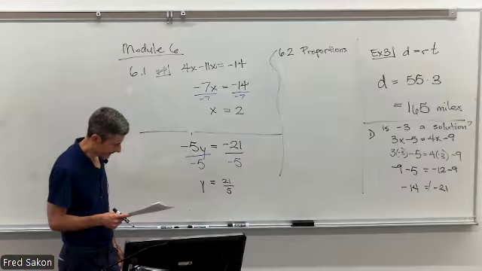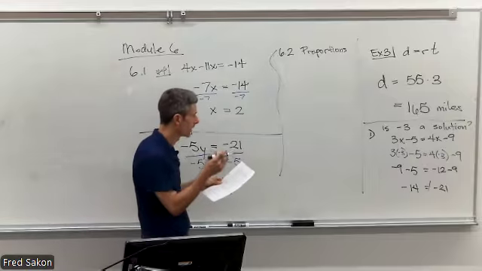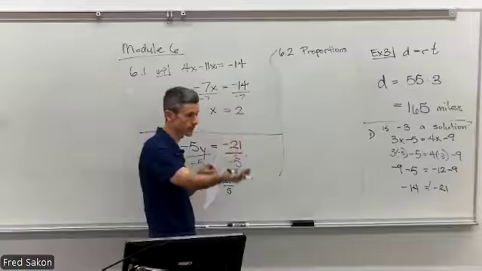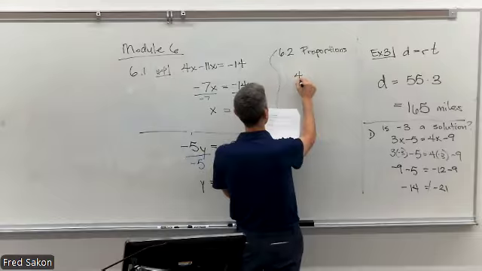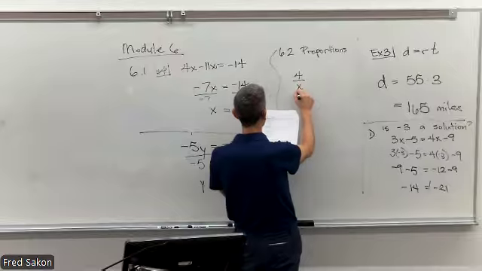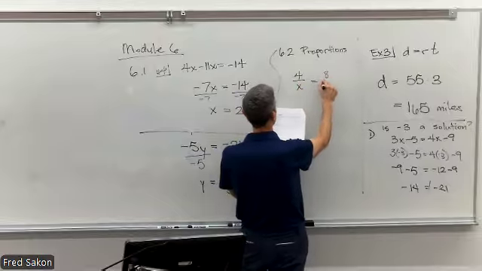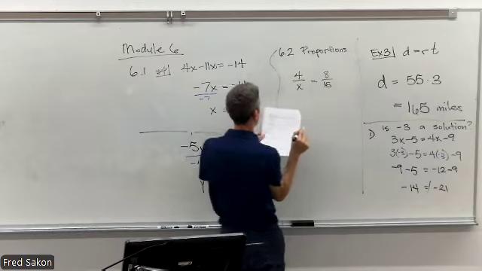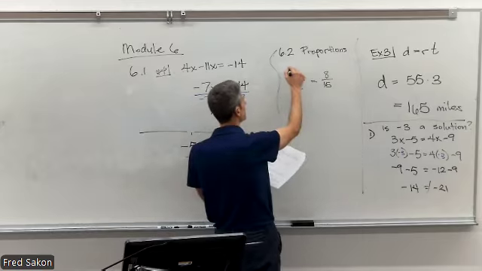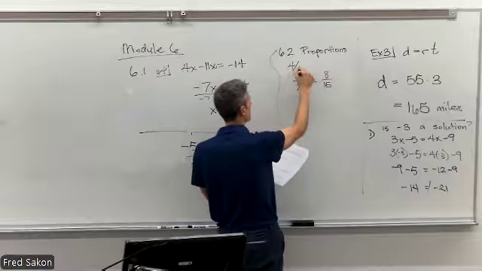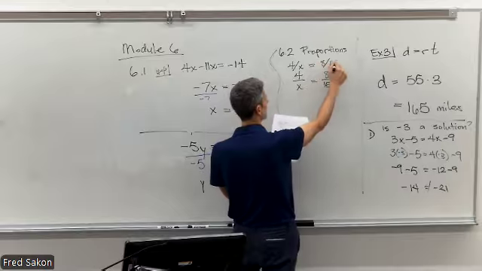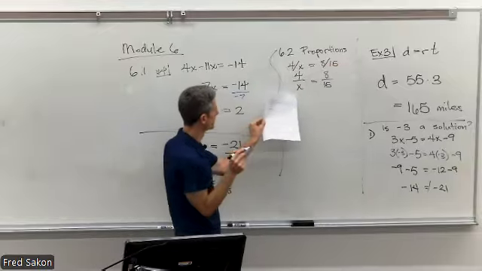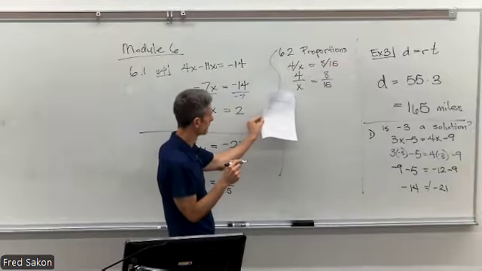Proportions are set up where we have a fraction on one side, equal to a fraction on the other side. For example, as you see on the page there, 4 over x equals 8 over 15. And that's how I want you to translate when you see on the page, it looks like this with the slashes. You can translate to this format.